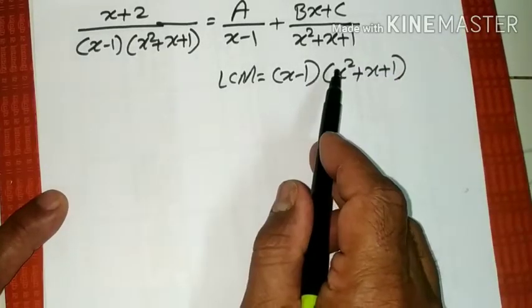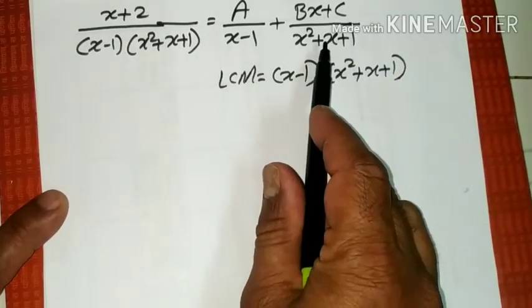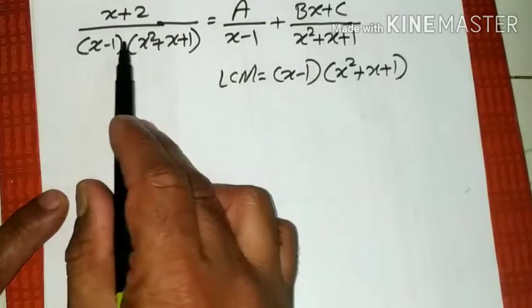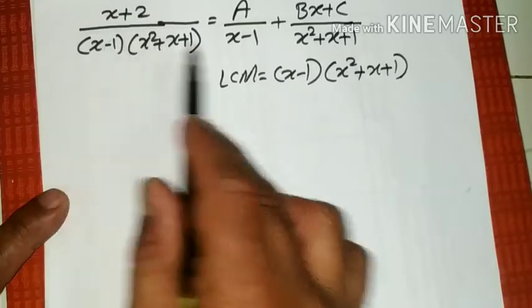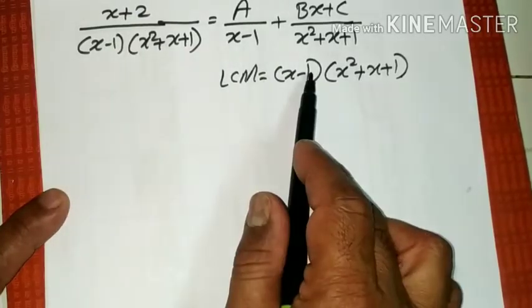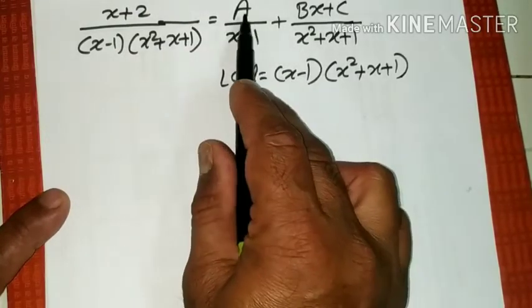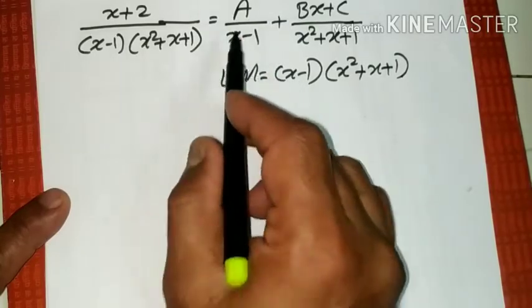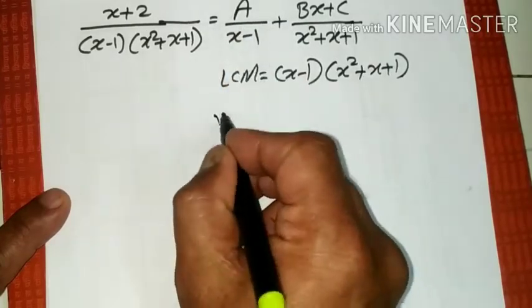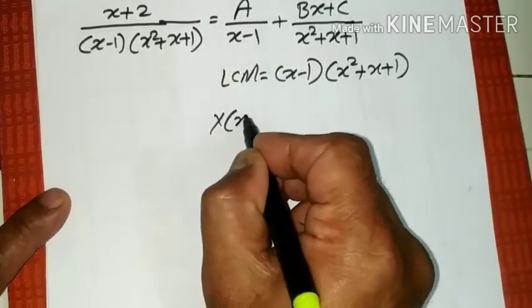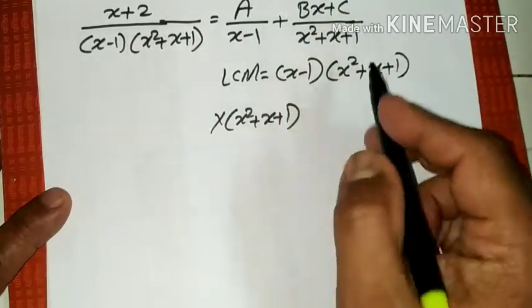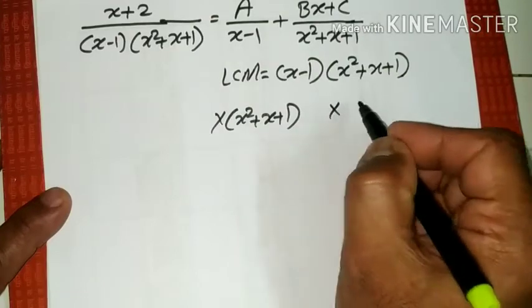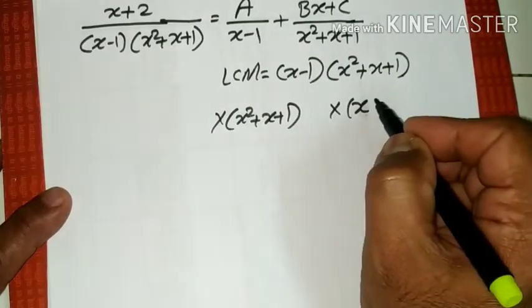This LCM is equal to the denominator of the left hand side, so we cancel these two denominators. Before cancelling, multiply A by (x square plus x plus 1), and the second term by (x minus 1).